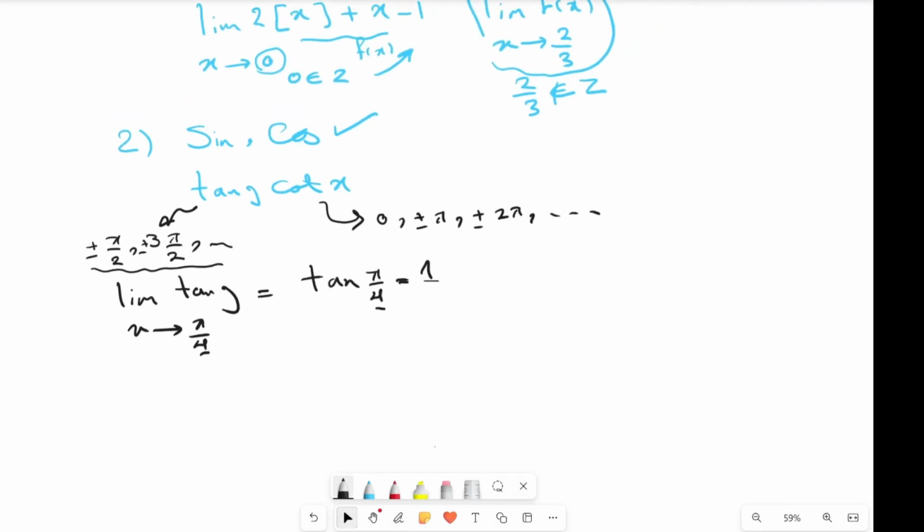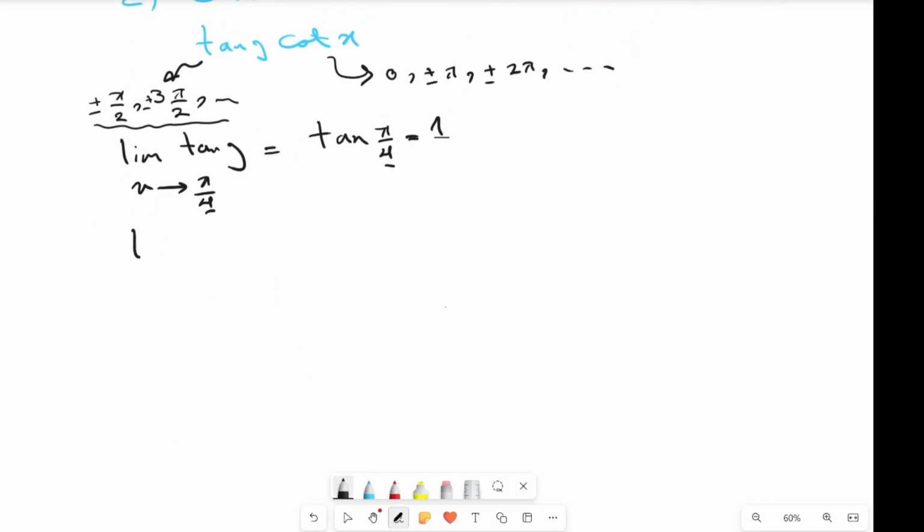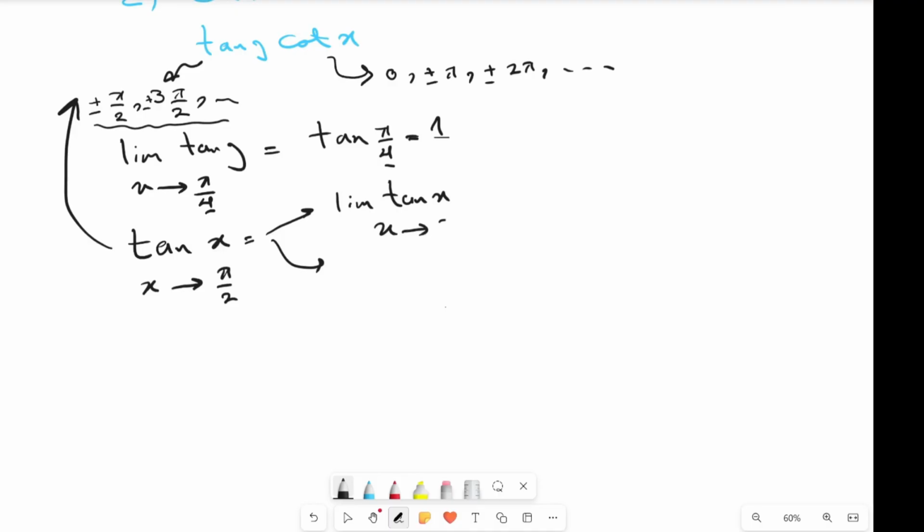But if you're going to calculate tangent x as x approaches pi over 2, because it belongs to these classes, you must split it into both sides, guys. Therefore, the limit of tangent x as x goes to the positive side, and the limit of tangent x as x goes to the negative side.